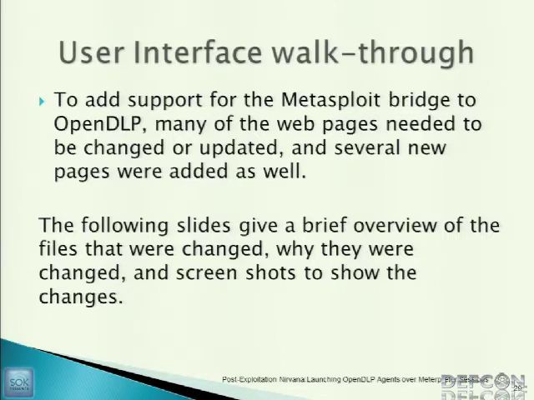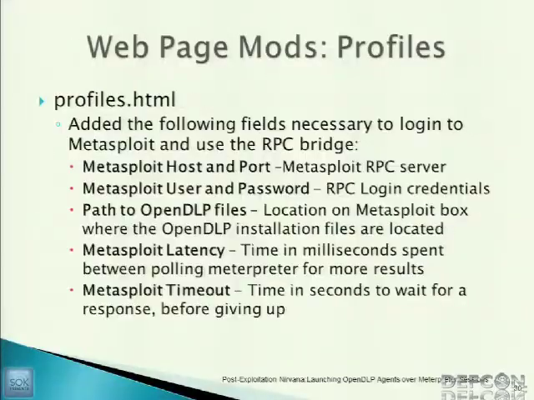So I could go over all the code changes I made, but I have a feeling most of you would get up and walk out right now. And you can just download them and diff them and see all the coolness there anyhow. So I'm just going to go through the GUI changes, and I'm going to make it kind of quick. So I had to update profiles.